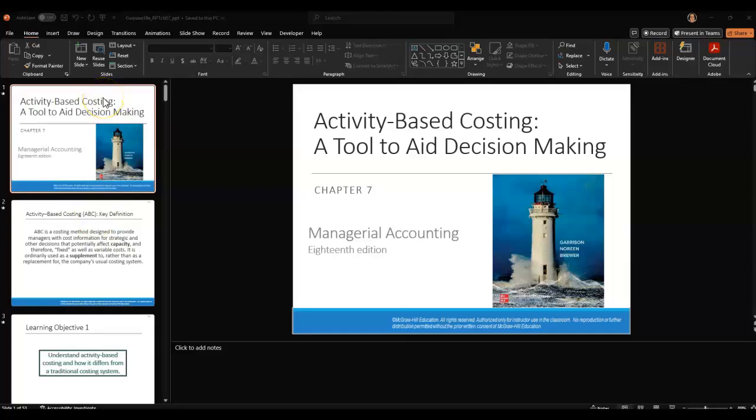I don't think the calculations are difficult, because the calculations function just like the calculations that you have done in chapters 3 and 4, okay?